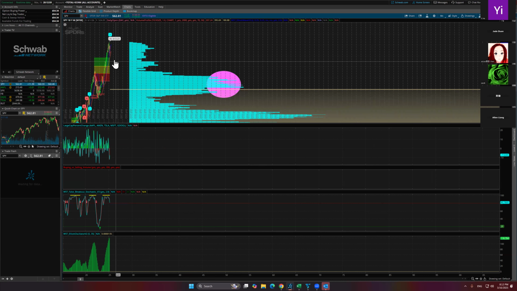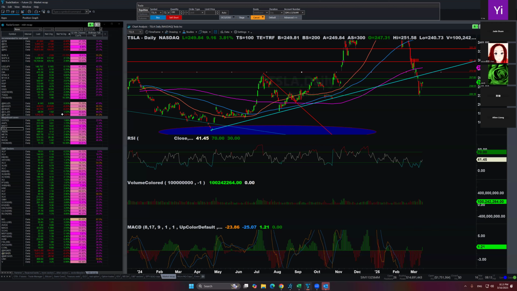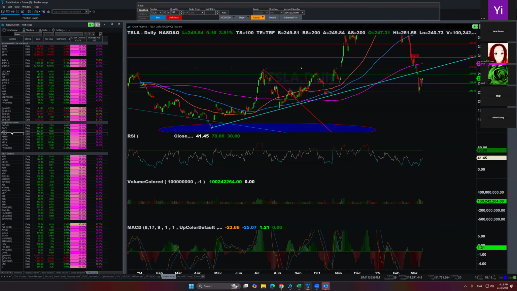So when we see wave 4 print on the monthly, we'll watch on daily and 60 minutes before we load any SPX. And to be perfectly honest, I'm not watching anything else, only these big tickers, right?